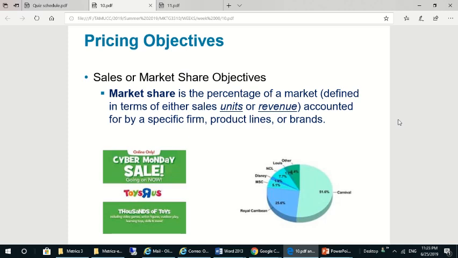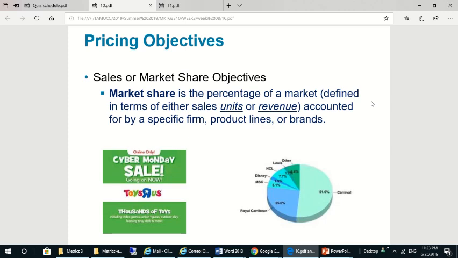right? Now, this market share can be defined in two types of metrics. As you can see on the screen, these two ways of calculating market share can be either sales units or revenue. The first one takes into account the number of items or units sold, right?